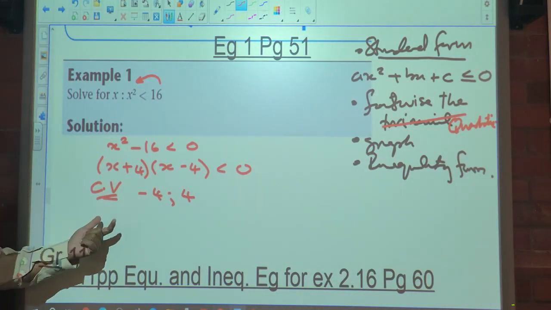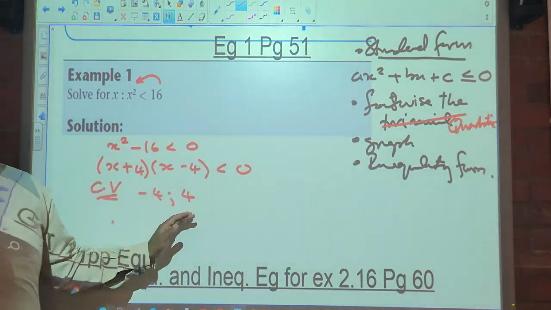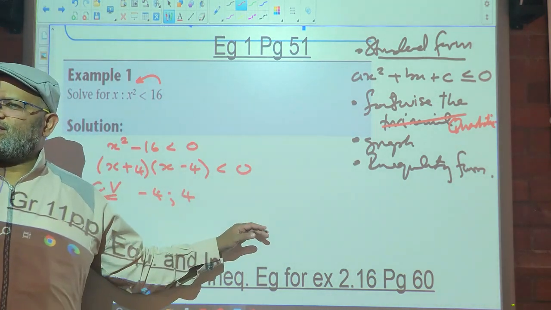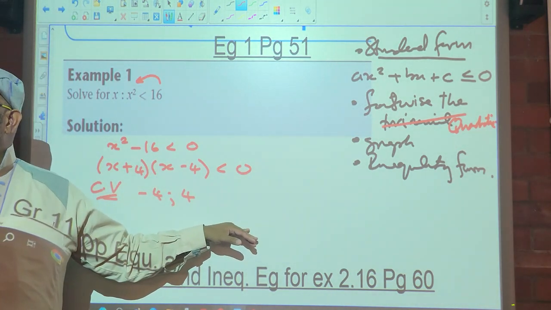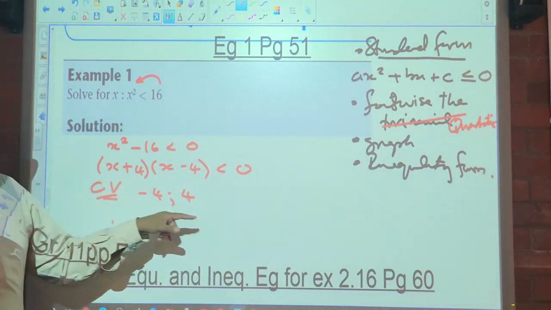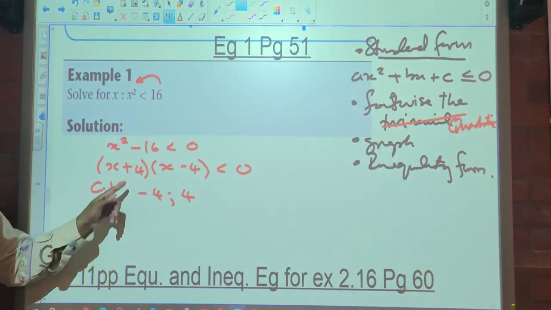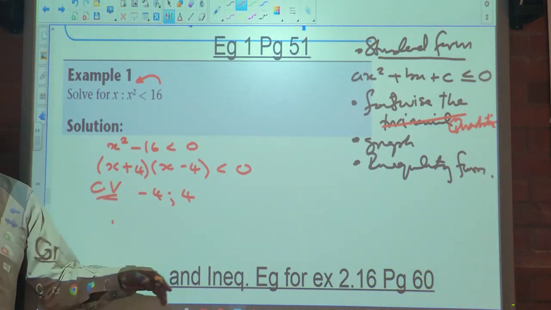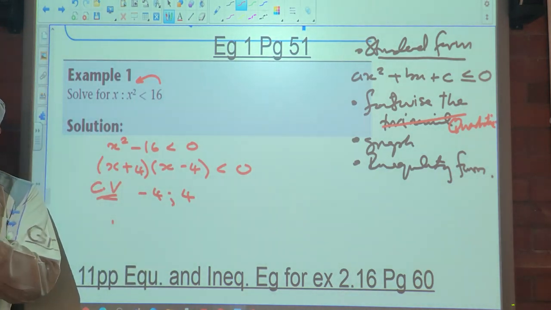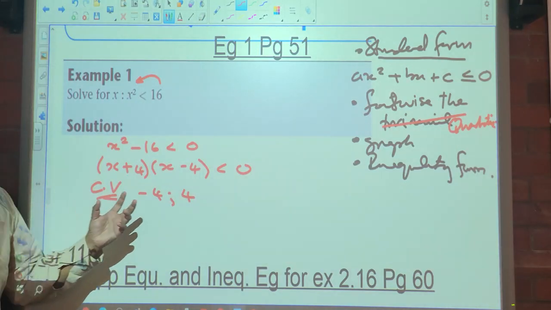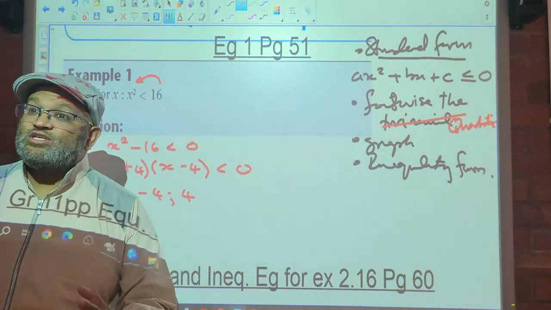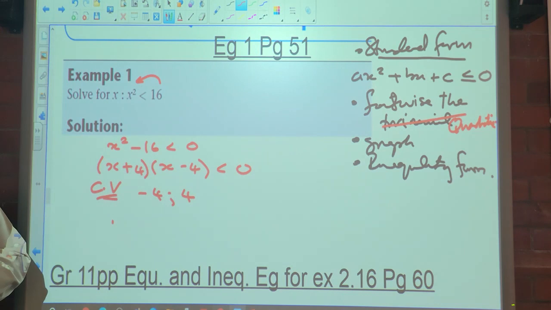So you ask yourselves, why didn't I just say x is equal to -4 and x is equal to 4? That's a question you should be asking yourselves. The answer is because this is not equal to 0. If I had said x is equal to -4 and x equal to 4, that means to say those are solutions to the equation.